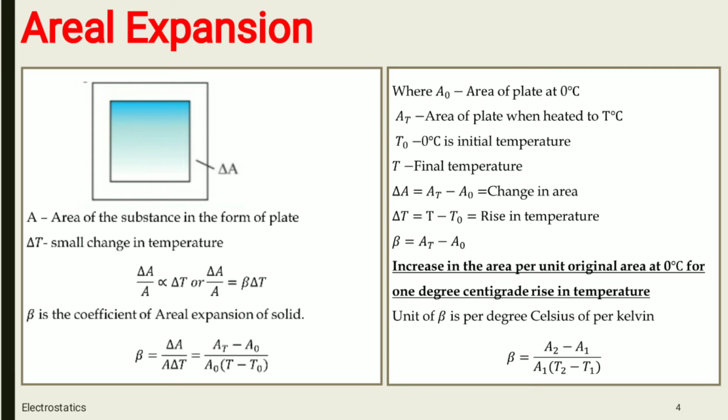So here delta A divided by A is directly proportional to delta T, and if you want to remove the proportionality sign, we can take a constant beta, that is delta A divided by A is equal to beta into delta T. So here beta, which is constant, is called the coefficient of areal expansion of the solid.